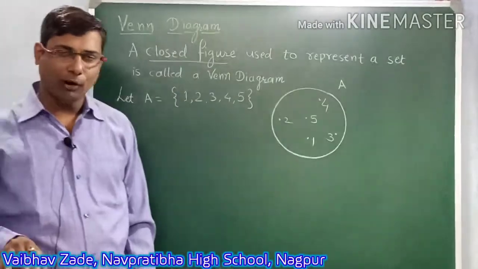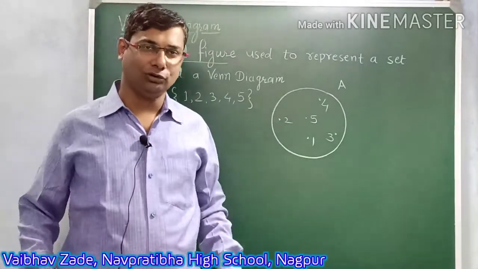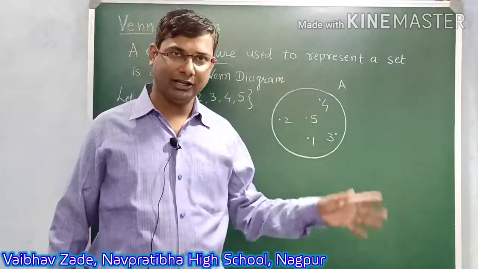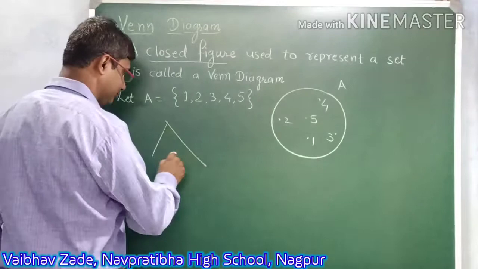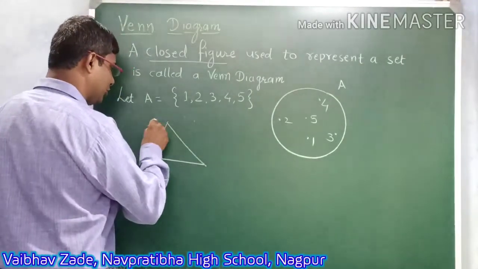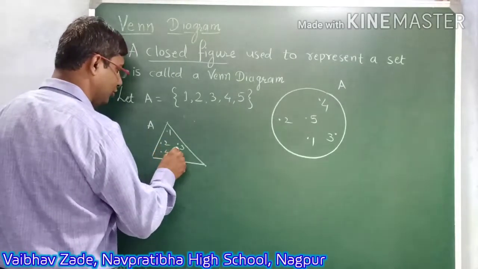There is no rule about which diagram we have to draw. You can draw a circle, a triangle, a rectangle, or any such figure. We can draw the triangle also. This is set A equals 1, 2, 3, 4, 5.